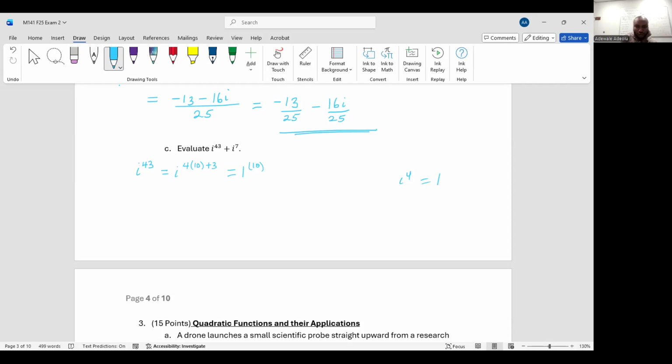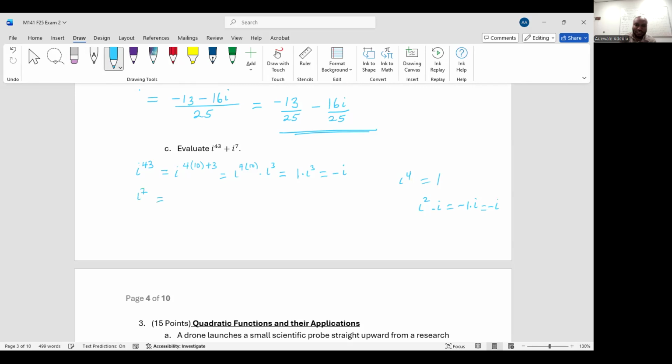Let's write it this way: i raised to the power 4 times 10, times i raised to the power 3. I can do that from indices. So this is 1 times i³. What is i³? That is i² times i, which is negative 1 times i, which is negative i. So here is negative i.